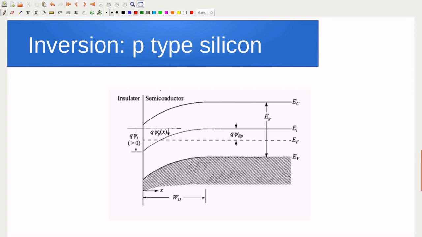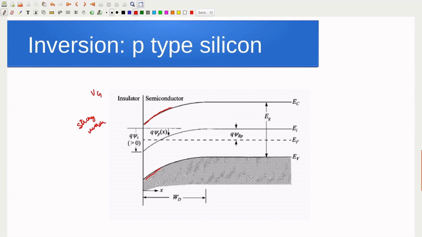As you know now, on application of a higher positive gate voltage, we have an inversion happening nearer to the junction between insulator and semiconductor. The bending is happening downwards and we have the intrinsic level moving down relative to EF, which causes the inversion.